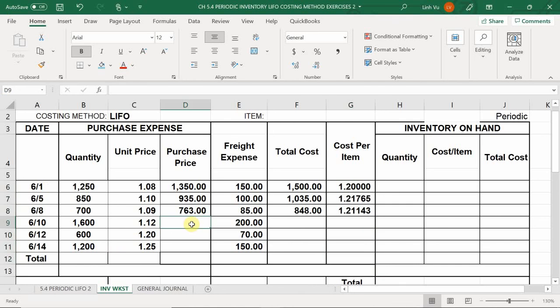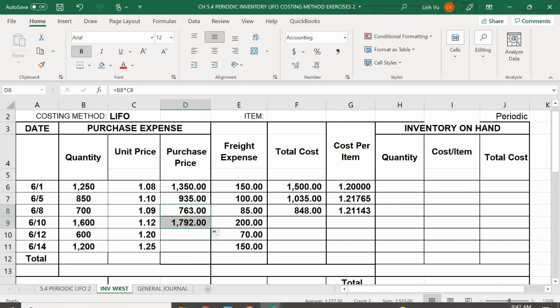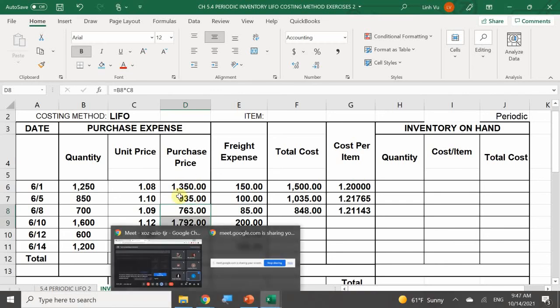All right, so in this case, on June 10, we purchased 1,600 units at $1.12. So what's my total purchase price here? $17.92. Good, $17.92.